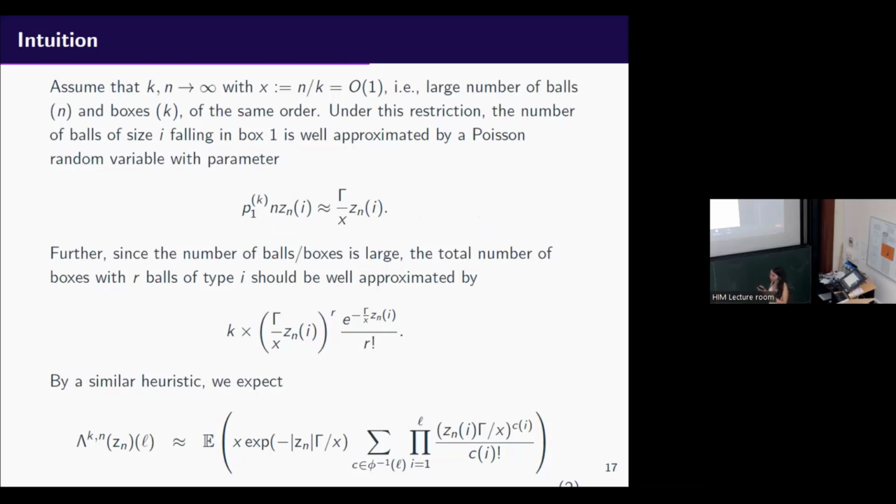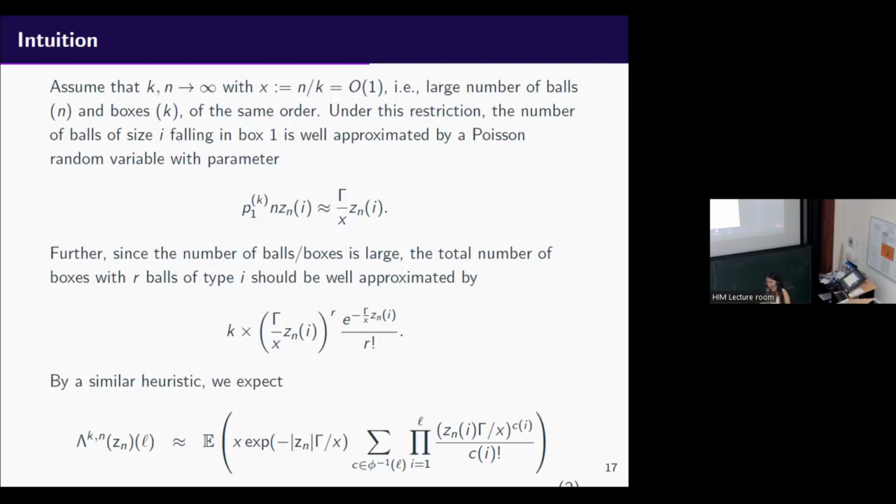So then it's known that the number of balls that fall in an urn will be on average this, where Z n of i is the number of balls of size i that you have. Well, n times this is the number of balls that you have. And moreover, you have a Poisson approximation, which basically tells you that the number of urns that will contain k balls is Poisson distributed. So the number of boxes that contain r balls of type i will be well approximated by this.